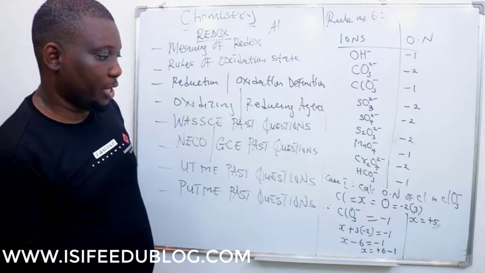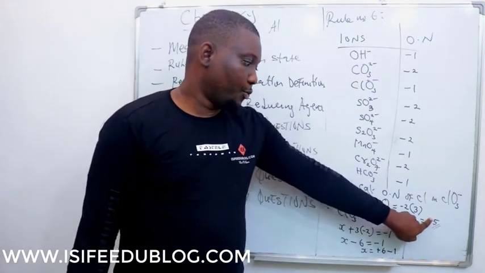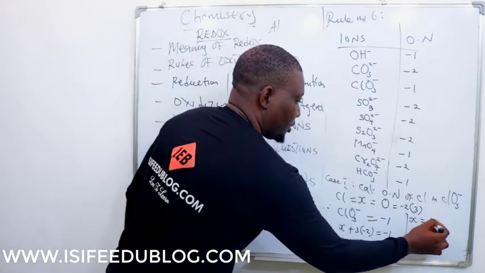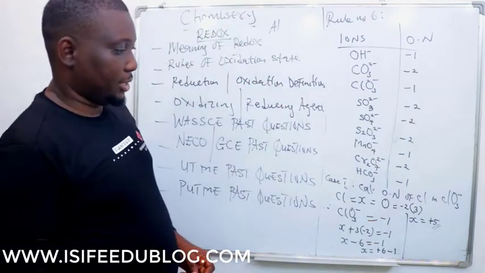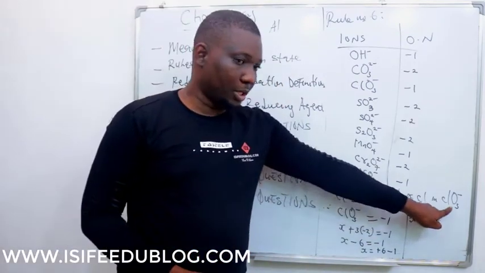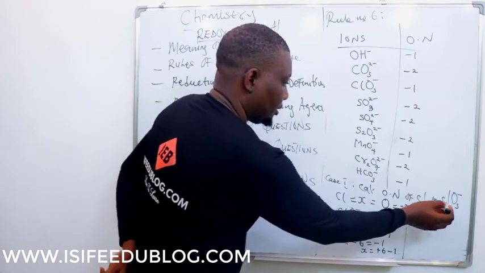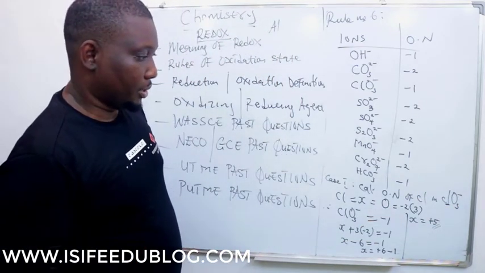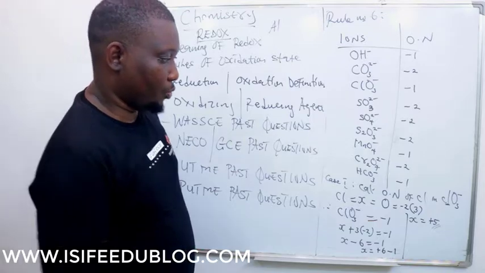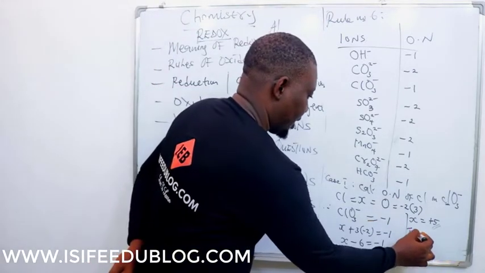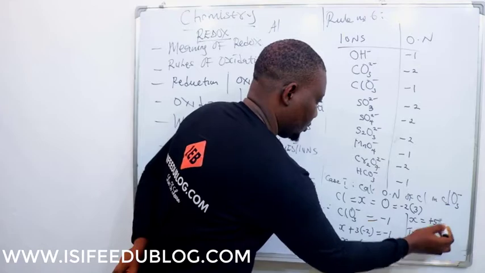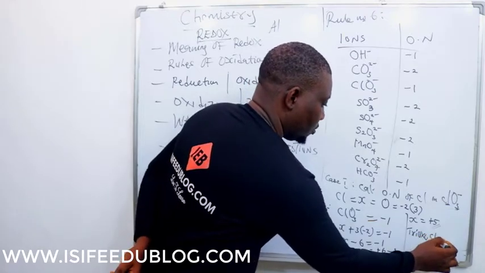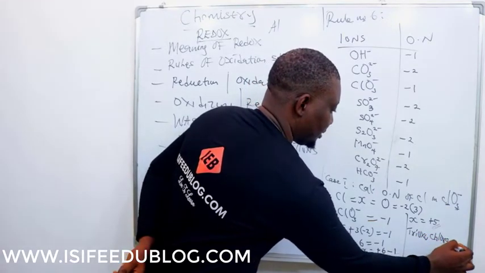Okay, make sure it is always positive, not 5, but plus 5. And this will give us an insight on how we can give name to this compound. We can now say, therefore, since chlorine is the unknown species in this compound, we can give the name as trioxochlorate.